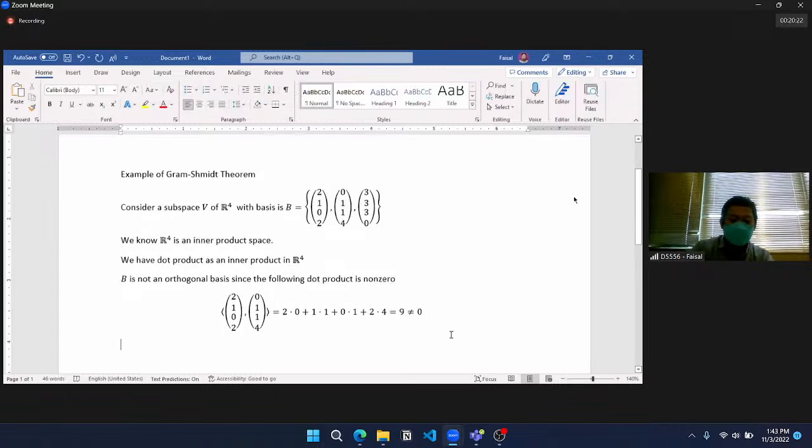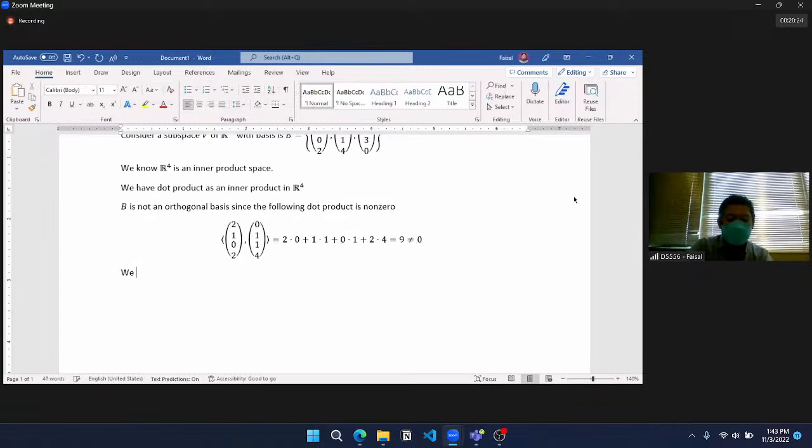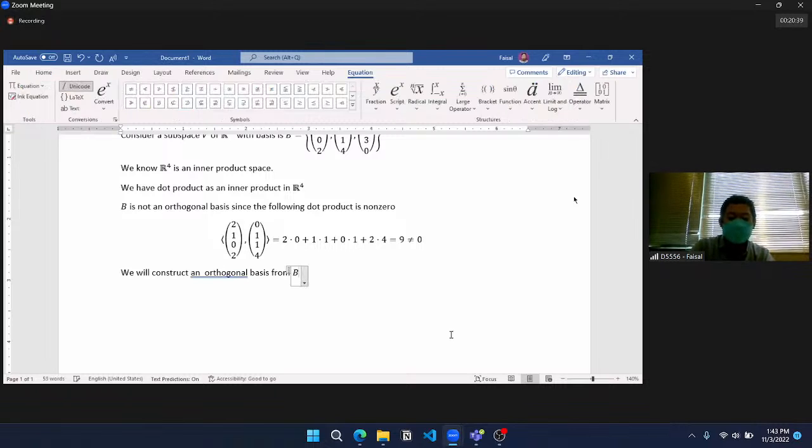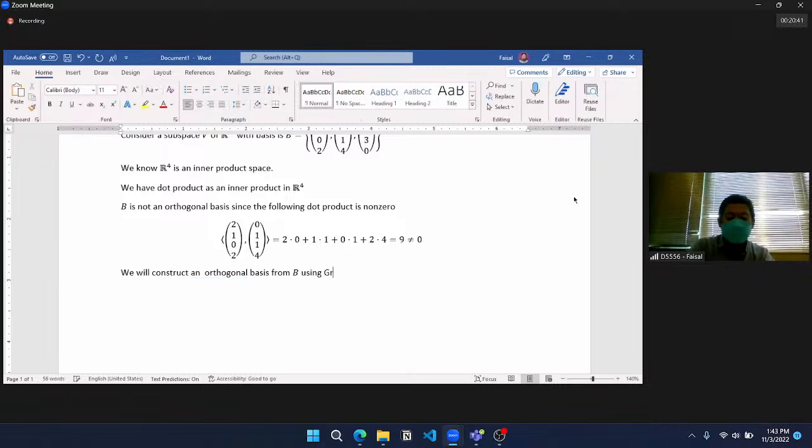We will construct an orthogonal basis from B using the formula in the Gram-Schmidt theorem.